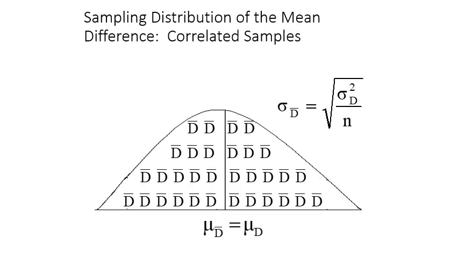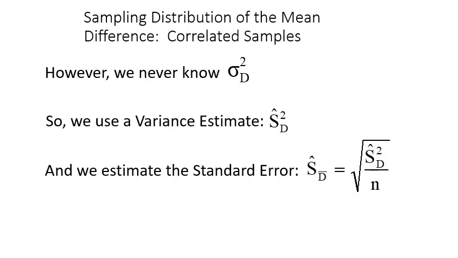Just like with the one sample t-test, where we had the sampling distribution of the means, we now have a sampling distribution of the differences. An independent samples test had a sampling distribution of the difference between mean 1 and mean 2. This is actually just a sampling distribution of the mean differences. We can never know the variance of the difference.